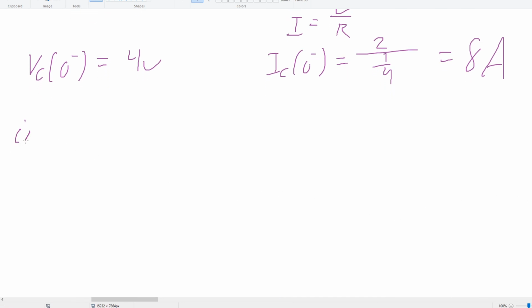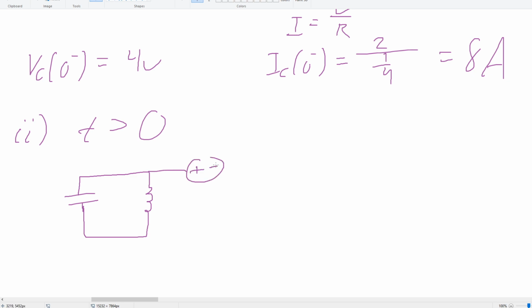So let's do this. Part 2, t is greater than 0. The diagram will now look something like this. Then we have this voltage source, plus minus.